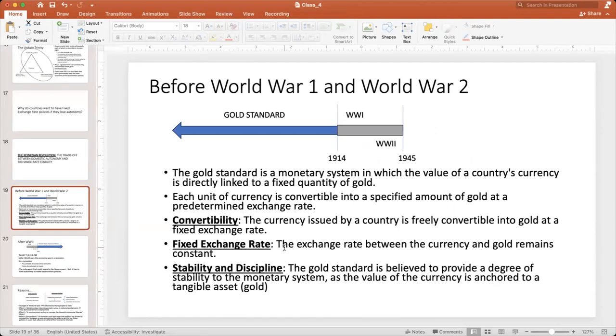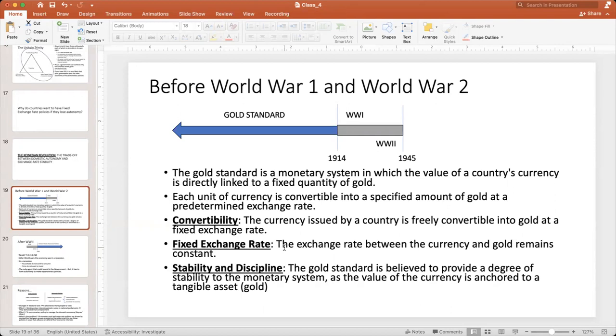Basically, the gold standard is a monetary system in which the value of a country's currency is directly linked to a fixed quantity of gold. So each unit of currency is convertible into a specific amount of gold at a predetermined exchange rate.